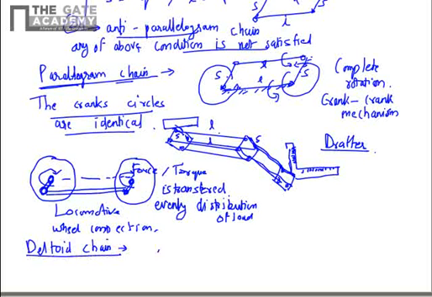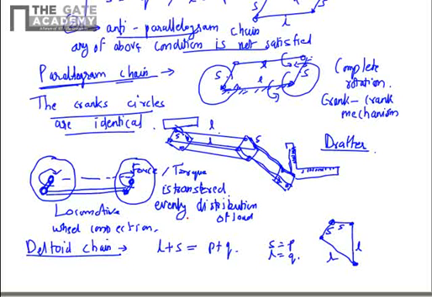In the deltoid connection, the criterion that L plus S is equal to P plus Q is satisfied, and also S is equal to P and L is equal to Q. However, the difference is that the shortest links are adjacent to each other and the longest links are adjacent to each other. So L is adjacent to L, S is adjacent to S. This is also, condition-wise, satisfying the criteria of a parallelogram chain, but the condition that the opposite links should be of equal length is not satisfied here. This is called a deltoid chain.